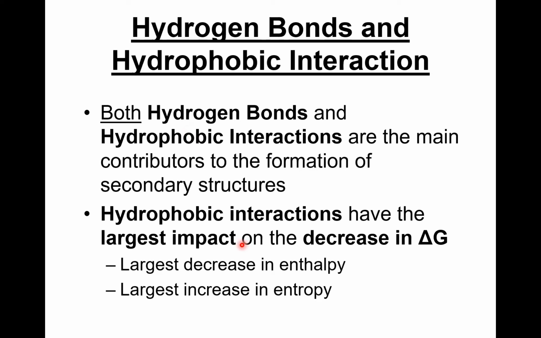This is because the change in enthalpy and entropy with hydrophobic interaction is largest. The decrease in enthalpy is largest with hydrophobic interaction compared to hydrogen bonds or polar bonds, and the opposite for the entropy. That's the point you have to take home from this slide.